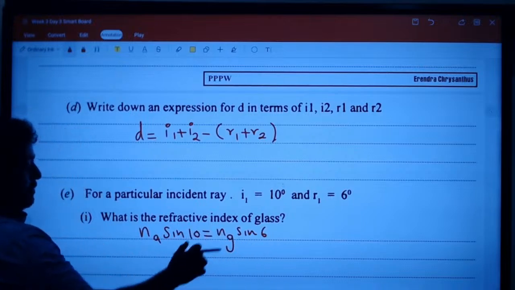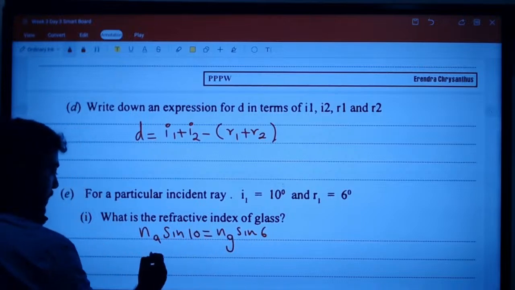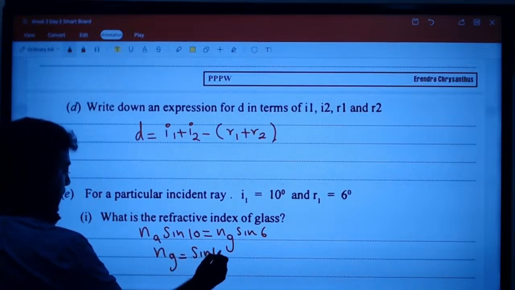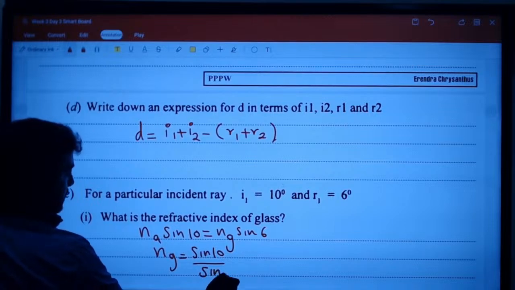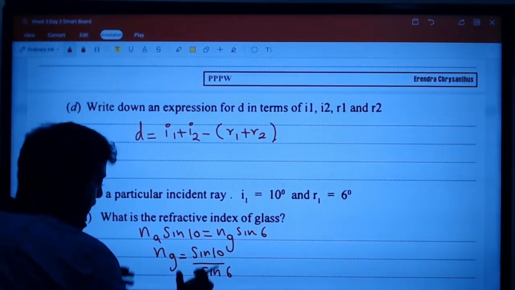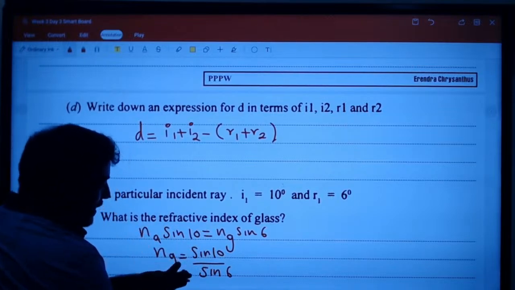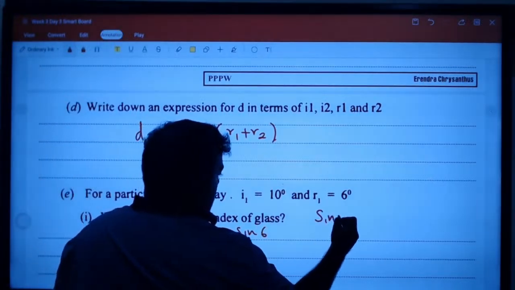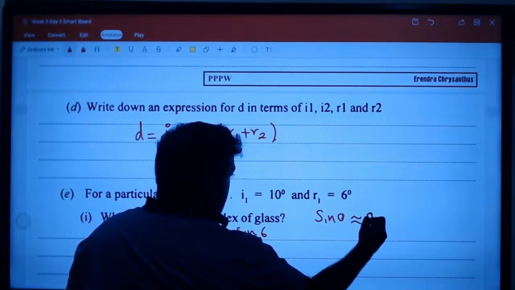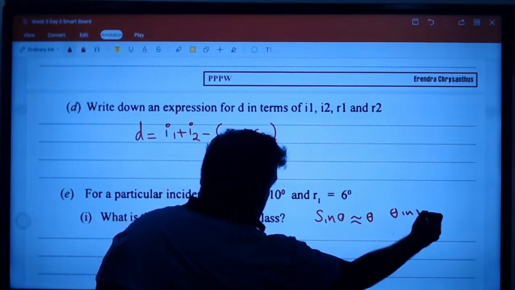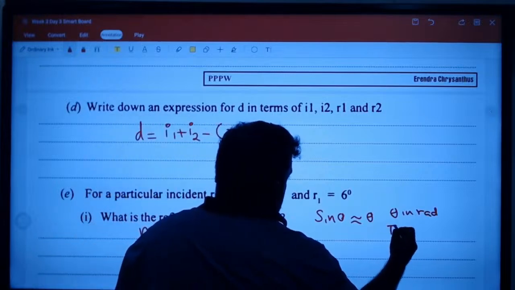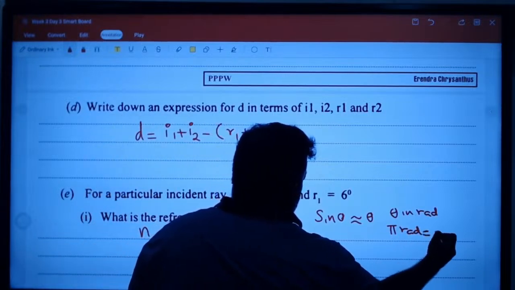But remember, these are small angles. Small angles means sin 10 divided by sin 6. The radians are equal, but here the reality is this: sin theta is approximately theta in radians, not in degrees. What's the connection? Pi radians equals 180 degrees.